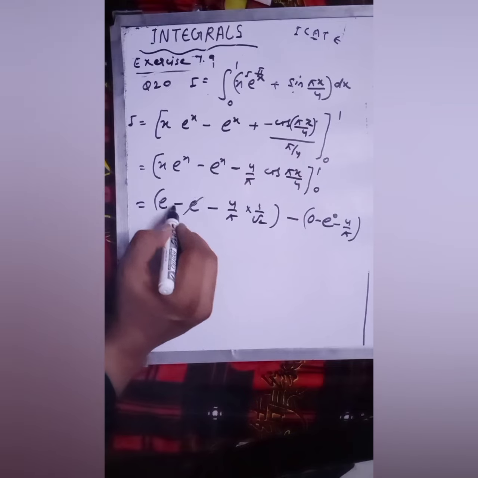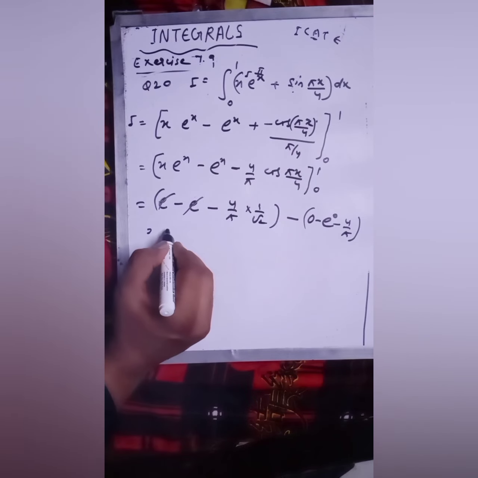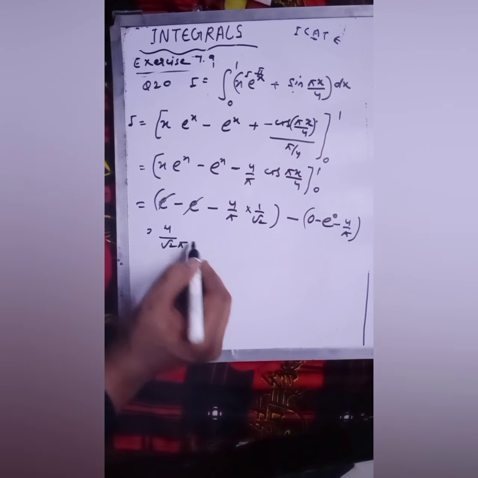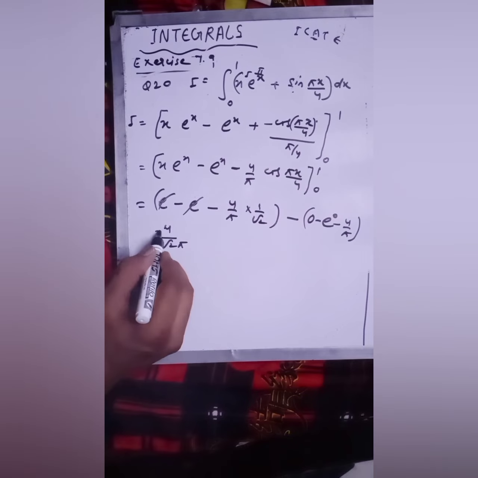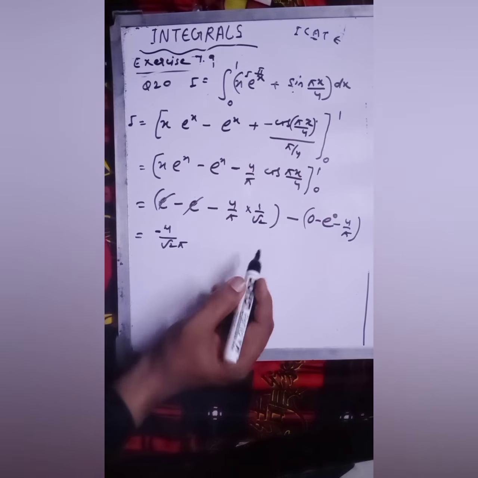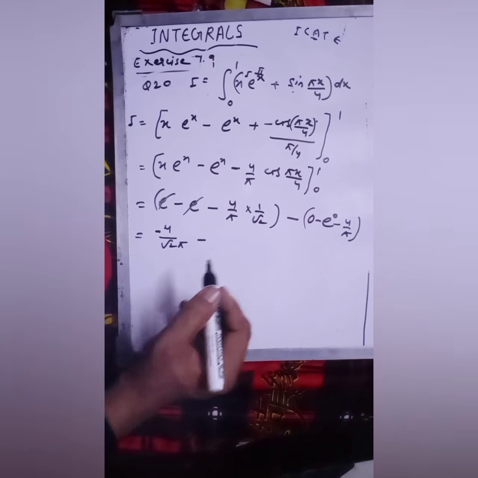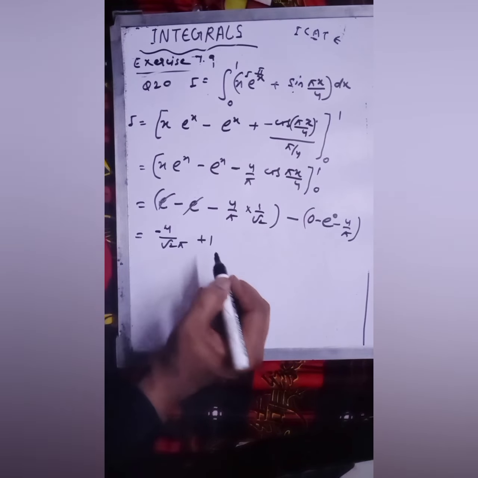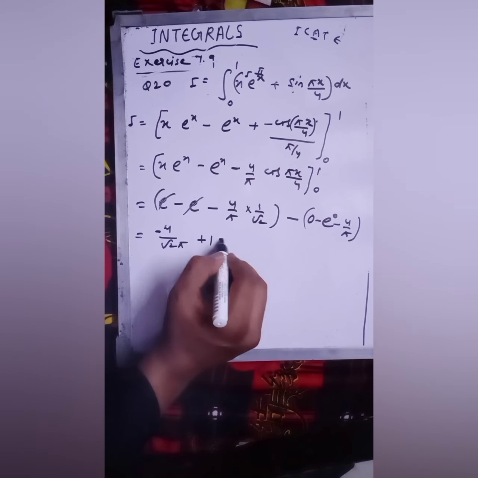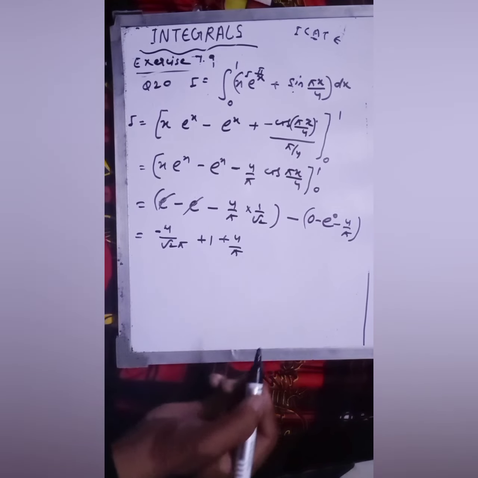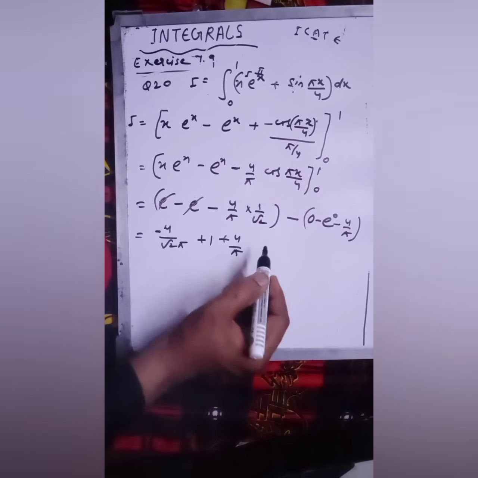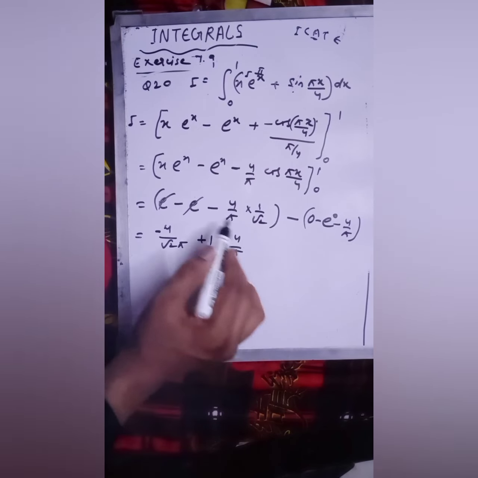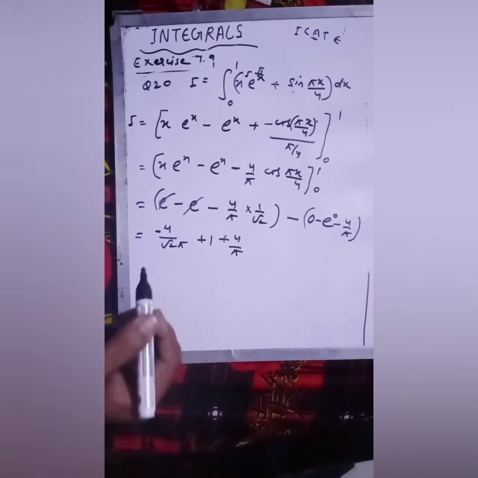Okay, so here e and e are cancelling out. Here you will get minus this, this is 0, e raised to power 1 is 1 only, plus 4 by pi. Just simplify all these terms and you will get the answer.